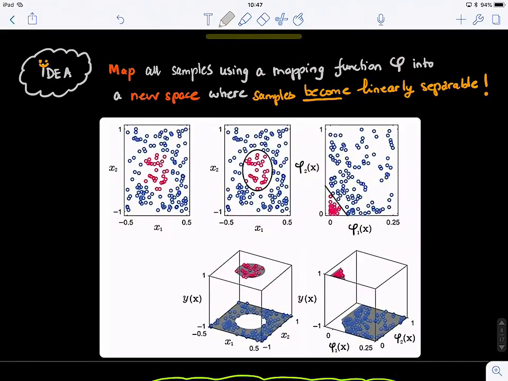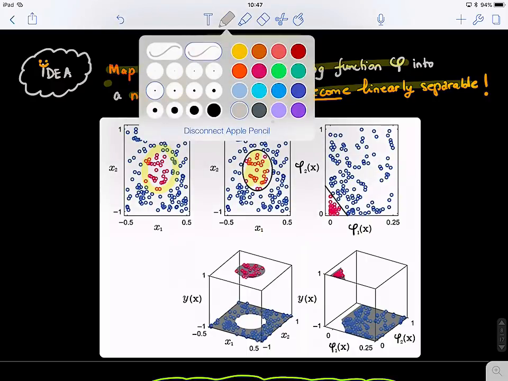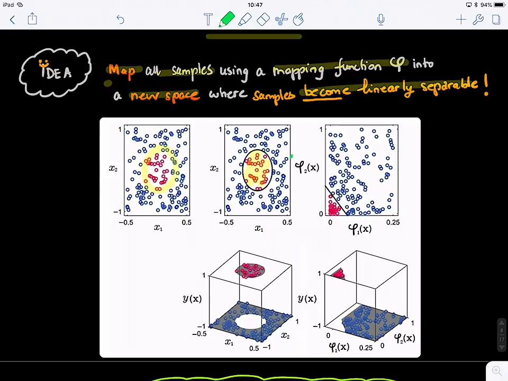We have seen this before, but I'm going to give you a bit more details. What we want to do is map all samples using a mapping function phi into a new space where they become linearly separable. In the first case, they weren't linearly separable, as you can see here. But by finding this transformation or mapping function phi, we map all samples, the features.